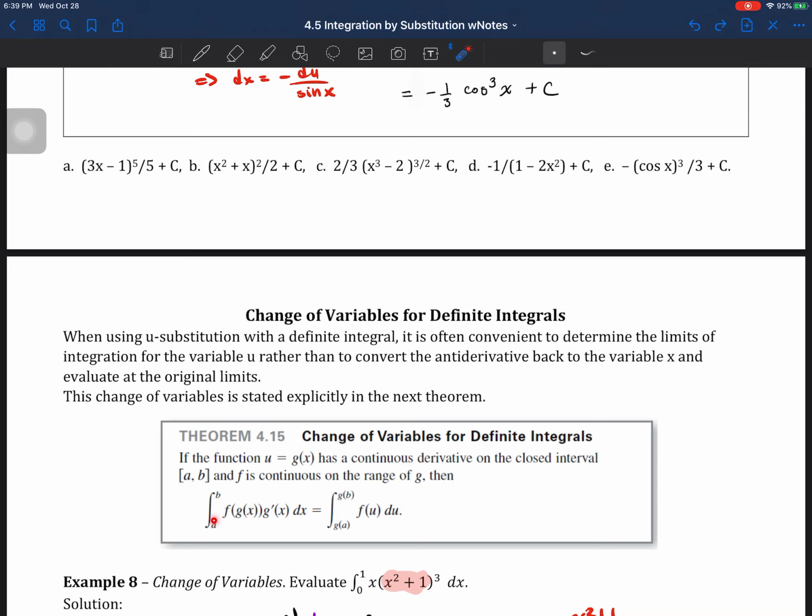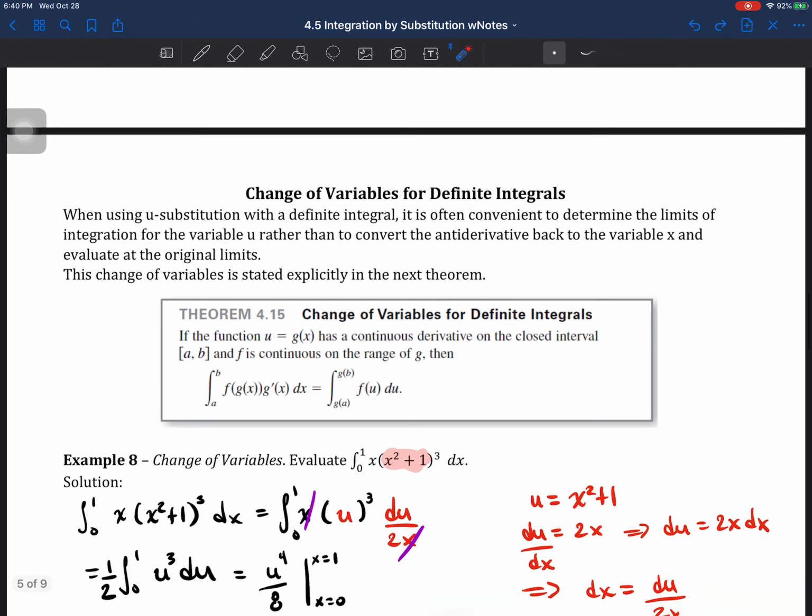If you use u substitution, then this will turn to be f of u and this will turn to be du. But b and a are still technically values of x. So what we're going to do is rewrite them in terms of u, and then these values are u values. And so we are able to simplify the process.